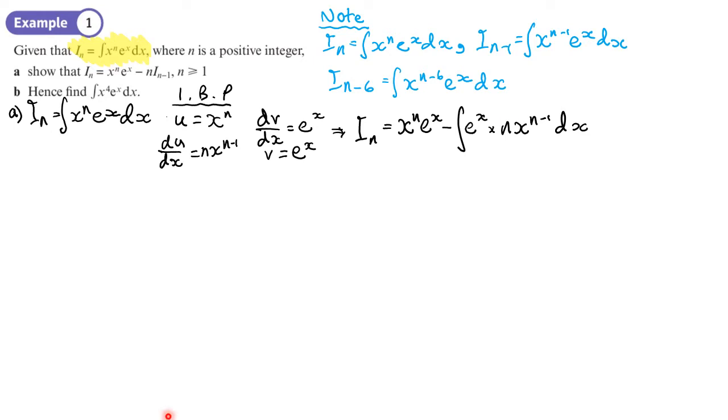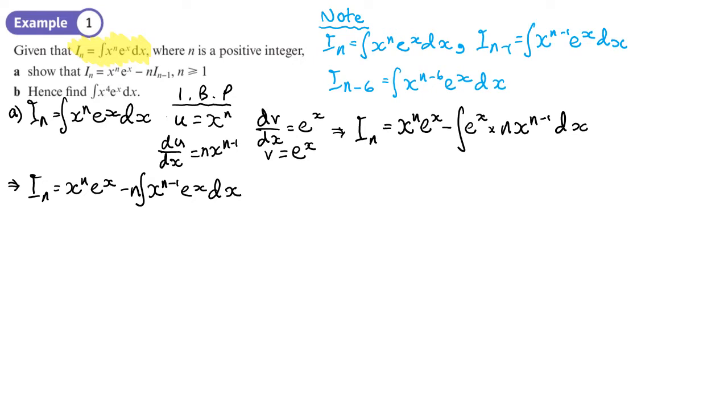Now if I take this constant over to this side and write this the other way around, you'll see what happens. So I'll have I sub n equals x to the power n e to the power x minus n times the integral of x to the power n minus 1 e to the x dx.